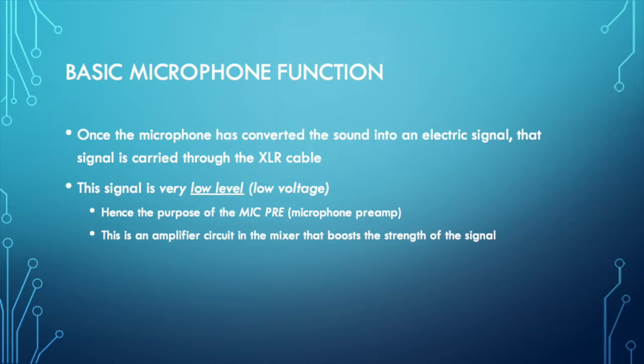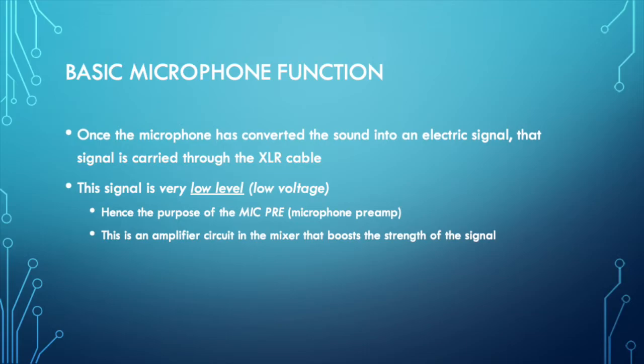And so again, once the microphone has converted the sound into an electric signal, that signal is carried down through the XLR cable into our mixer. That signal, like we talked about, is called mic level signal, and it's a very low level signal. It's a very low voltage. The microphone is not outputting a lot of power.